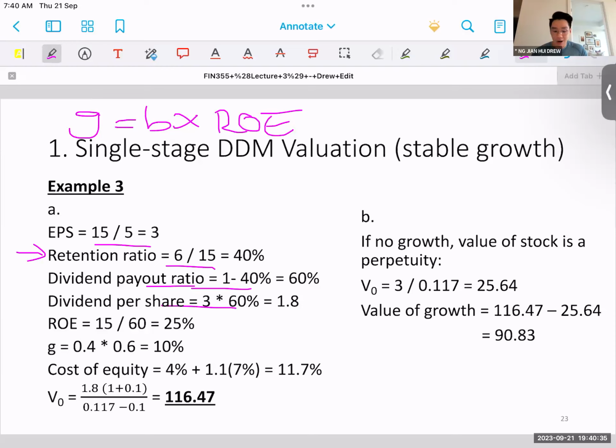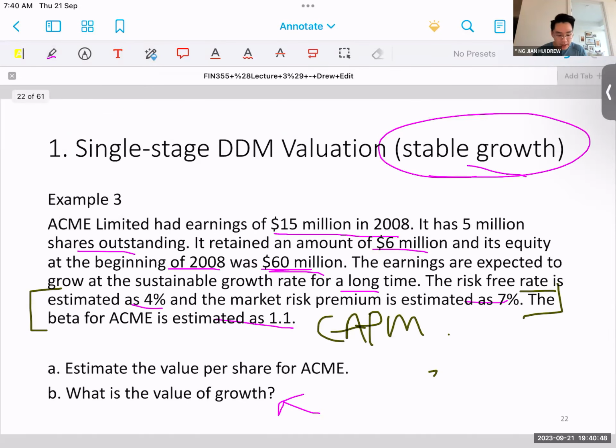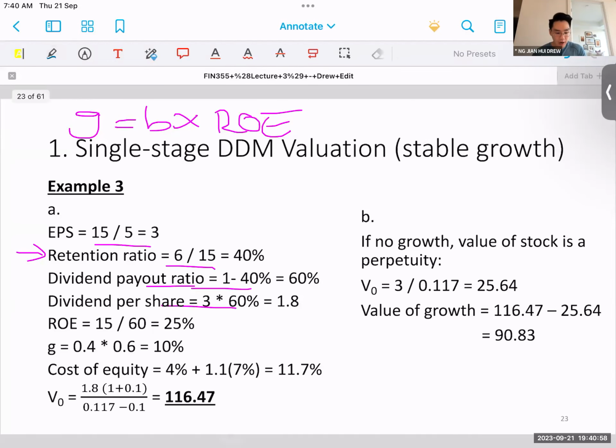We can calculate what's ROE because remember our goal is to calculate g. So ROE, we basically take your earnings divided by equity, which is given to us. What is our earnings? 15, which is here. And our equity is given at 60, right? So ROE is 15 divided by 60.